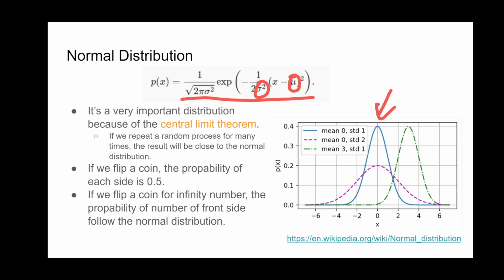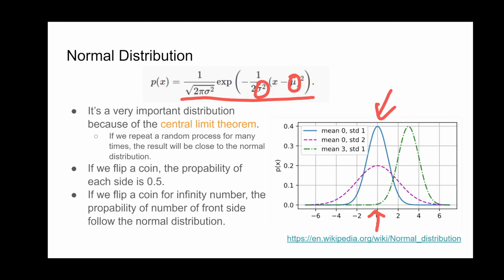This theorem tells us that if we repeat a random process many times, the result will converge to a normal distribution, no matter what the probability density function is. For example, if we flip a coin many times, the probability of each side is 0.5. If we flip it 10 times, the mean value should be 5 here.